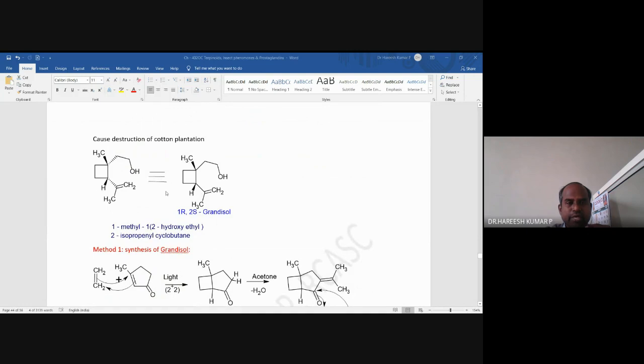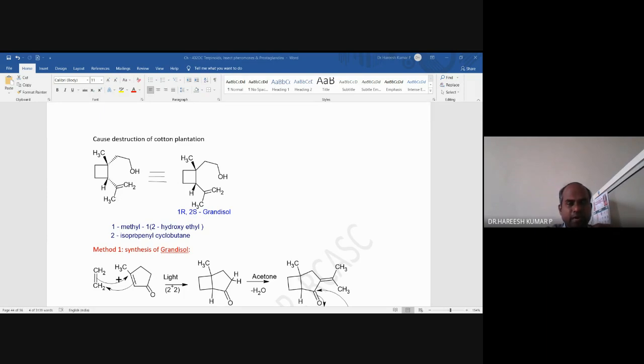You can look into the difference, but both are the same; you can write this moiety as well as this. This carbon is the first carbon atom, and this carbon is the second carbon atom. The first carbon atom has R configuration, and the second carbon atom has S configuration. Both structures represent grandisol.